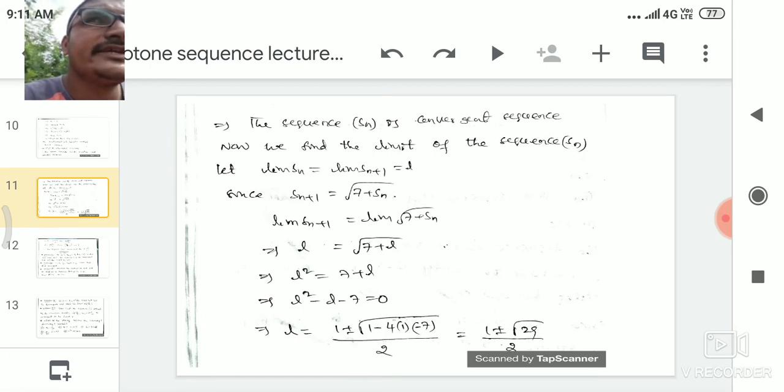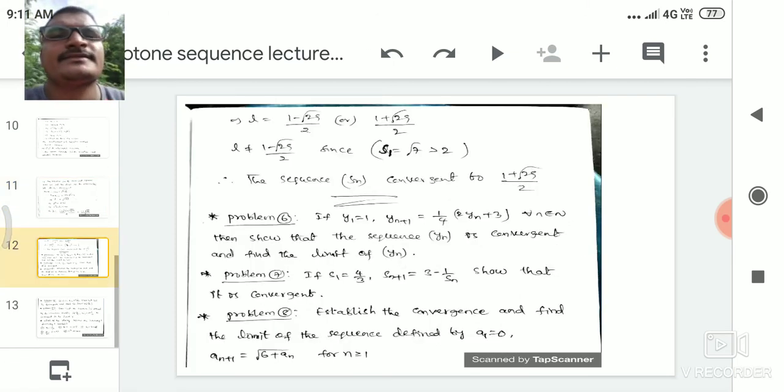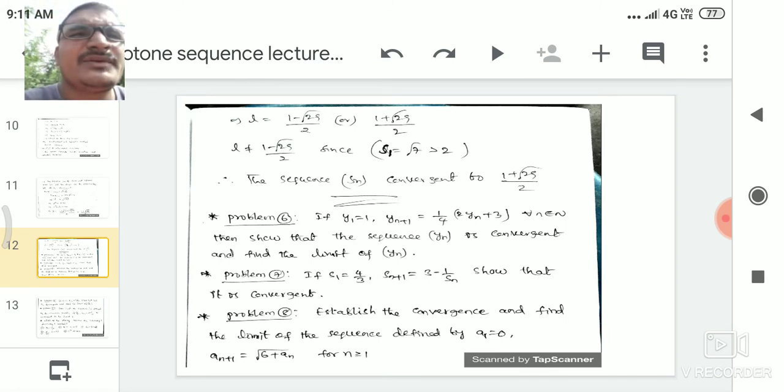Substituting these values in the formula, we get L is equal to 1 plus or minus under root of 1 square minus 4ac, that is 1 plus or minus root 29 by 2. So L is equal to 1 minus root 29 by 2 or 1 plus root 29 by 2.